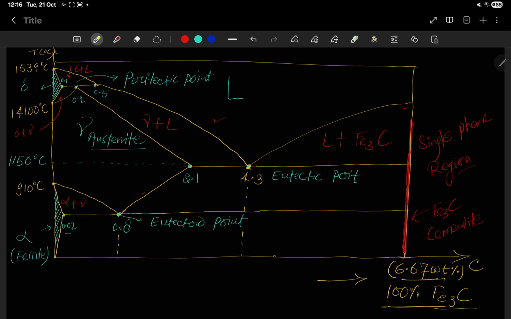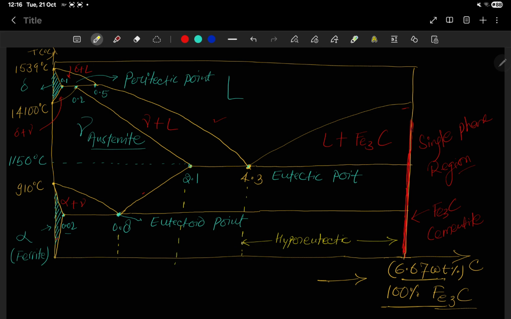So the region ahead of this eutectic point will be eutectic region.